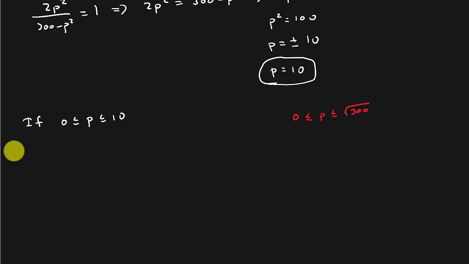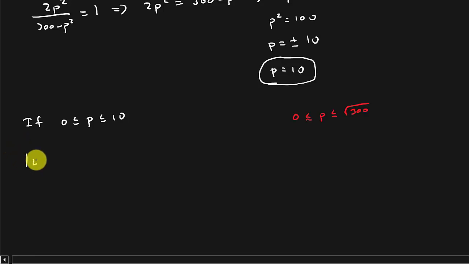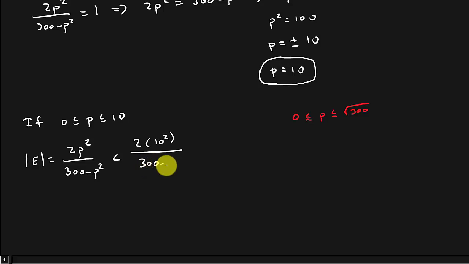And so we would have the absolute value of E of p, which is equal to 2p squared over 300 minus p squared, is less than 2 times 10 squared over 300 minus 10 squared, which equals 1.